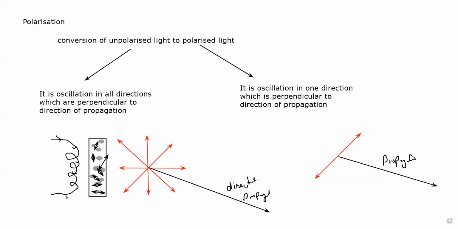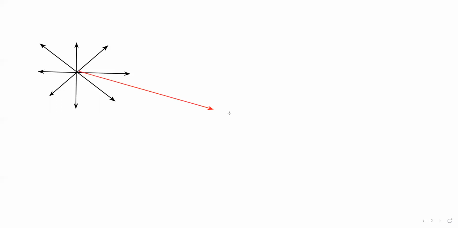For example, if we have unpolarized light which is having many directions of vibration, which are perpendicular or 90 degrees to the propagation, and we pass this through a polarizing filter.